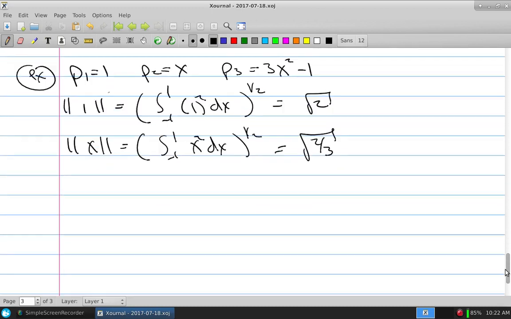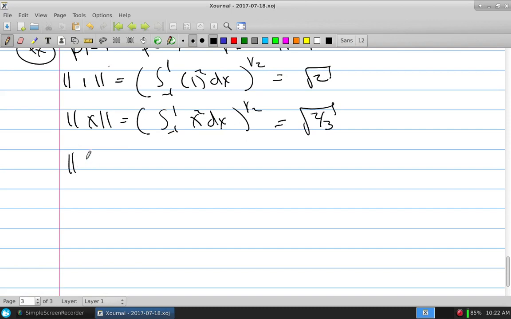And then what's the length of 3x squared minus 1?